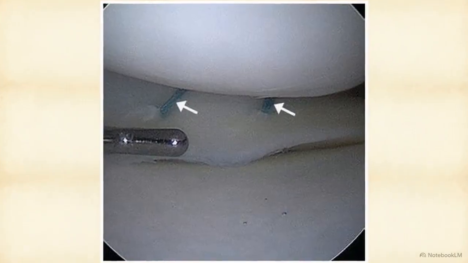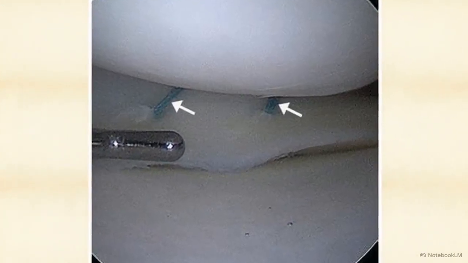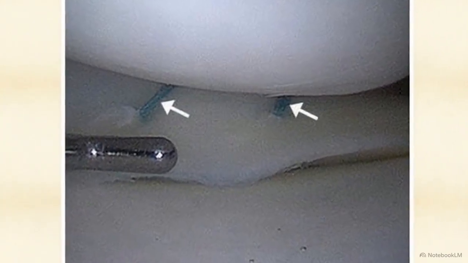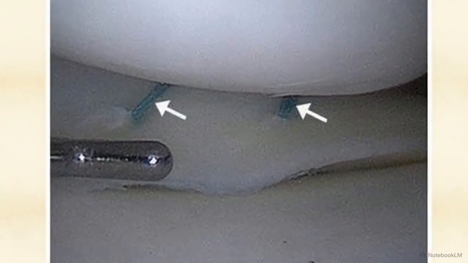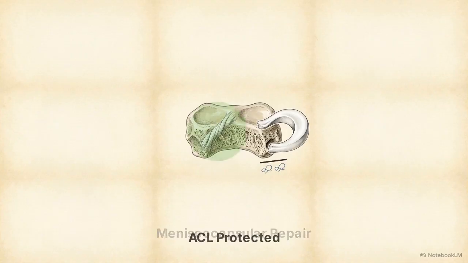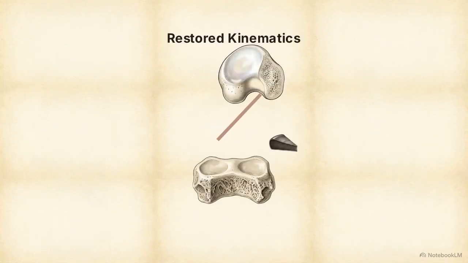This localization compels the surgeon to look past the anterior view, utilizing an accessory portal or a pie crusting release to securely anchor the unstable tear. Advanced MRI interpretation doesn't replace the arthroscopic probe. It ensures the surgeon knows exactly where to push it, securing the meniscal stabilizers, protecting the ACL reconstruction, and preserving the longevity of the knee.